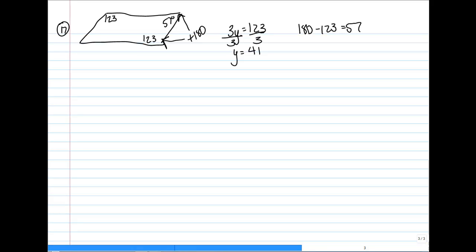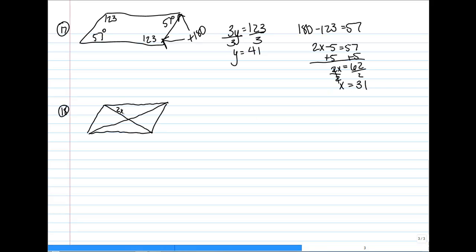So if this side is 57, this side is 57, but it says that this is 2x minus 5. So add 5 to both sides. 2x is 62. Divide by 2. X is 31.